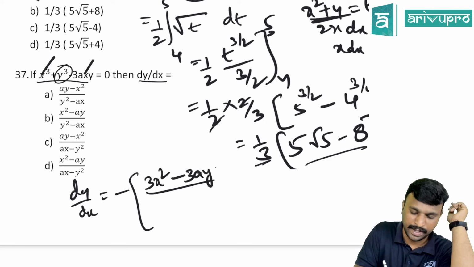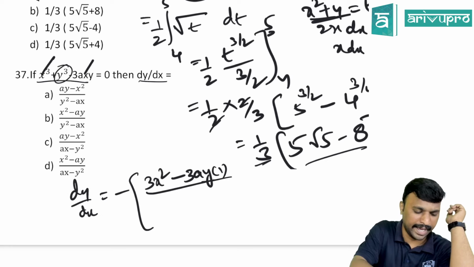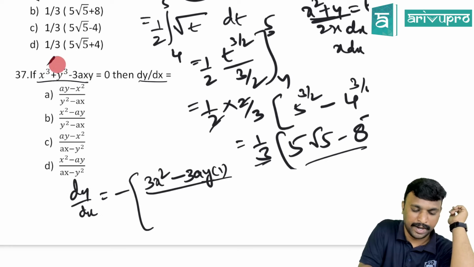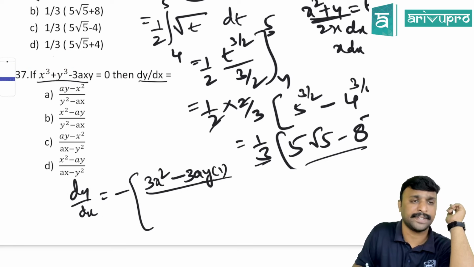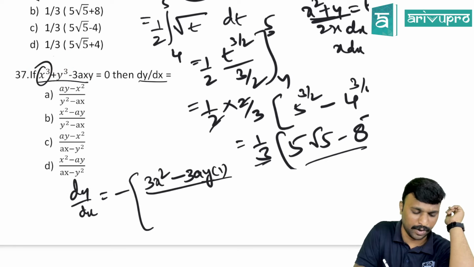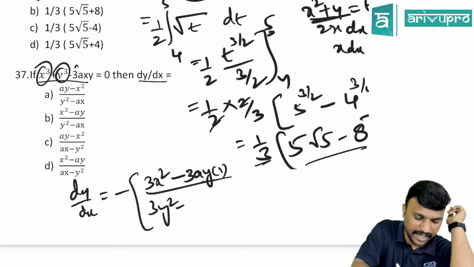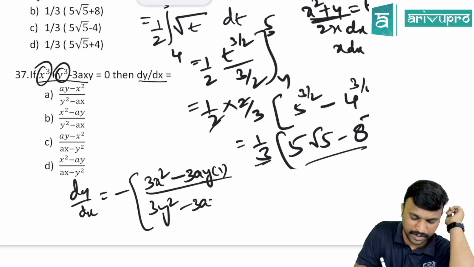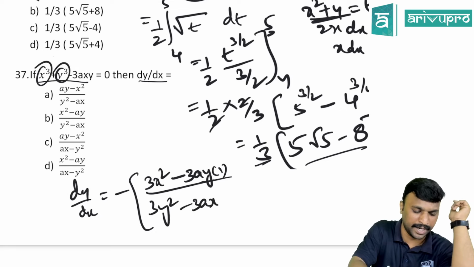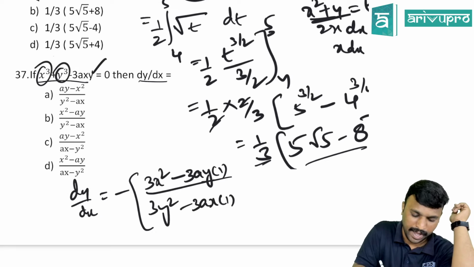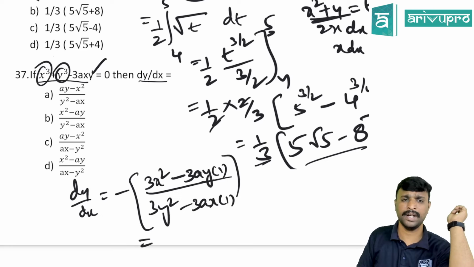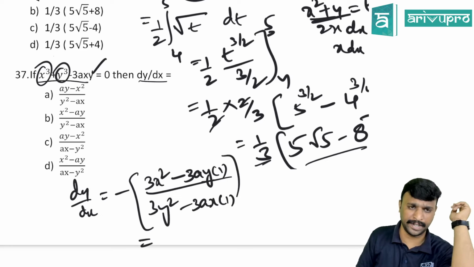of x is 1. Right, and in denominator exactly the opposite you need to do, differentiate y with respect to y taking x as constant. So derivative of x cube is 0, derivative of y cube is 3y square, and in 3axy we have a constant 3ax because in denominator x is constant, even a is constant, 3 is constant, derivative of y is 1. Guys, if you look at the common term in both numerator and denominator is 3.